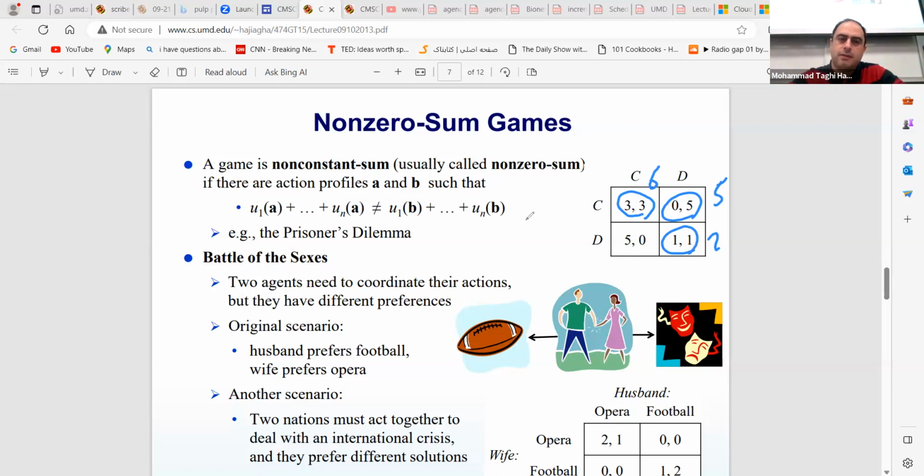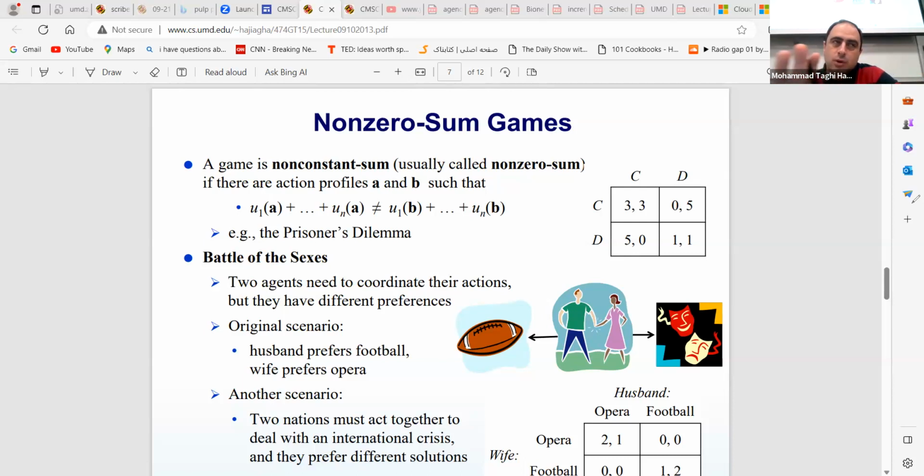So what is the battle of the sexes? Here there are two agents. They need to coordinate, as I mentioned.